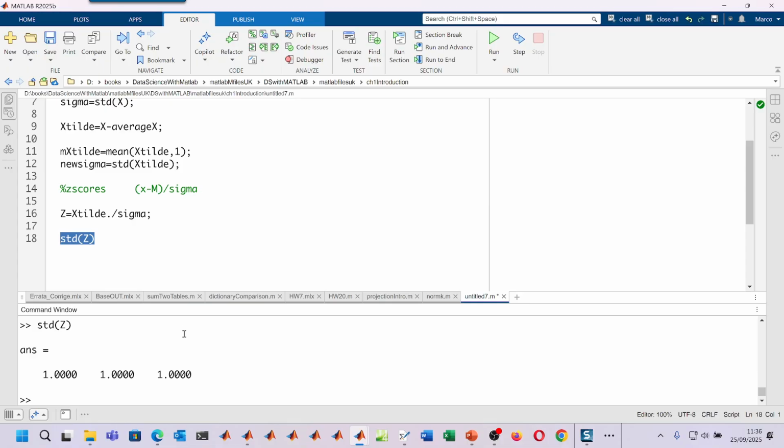So we have transformed each column of the matrix into new columns that have 0 mean and standard deviation equal to 1. Not only that, but these Z values are pure numbers. They do not have the unit of measurement of the original numbers. They are unit-free measurements.